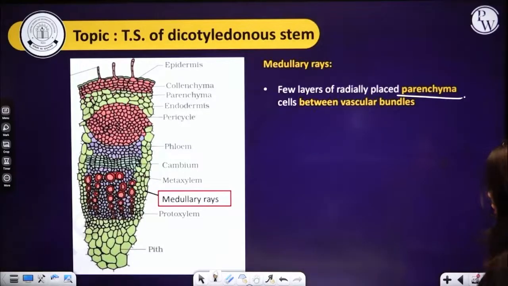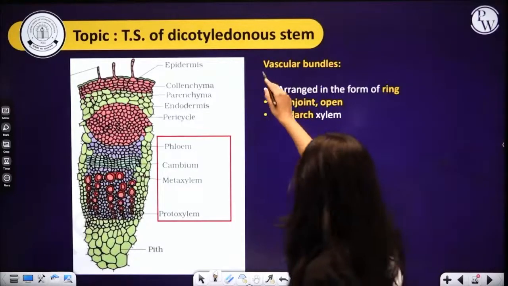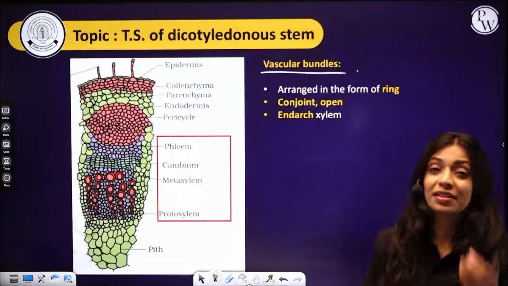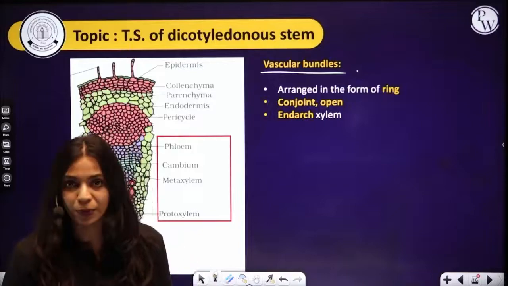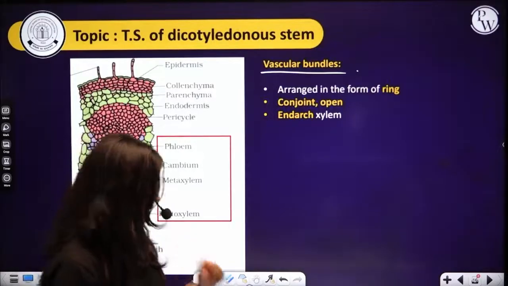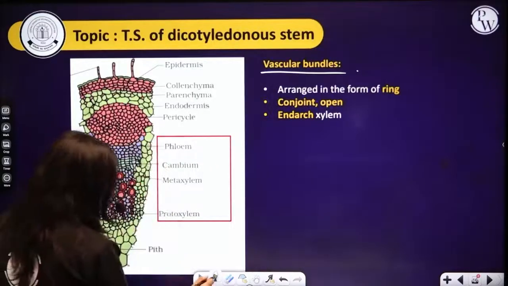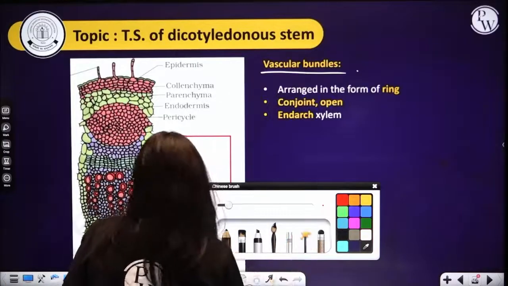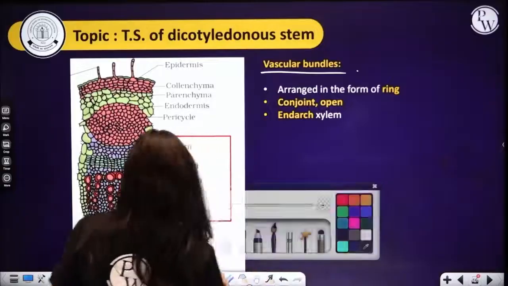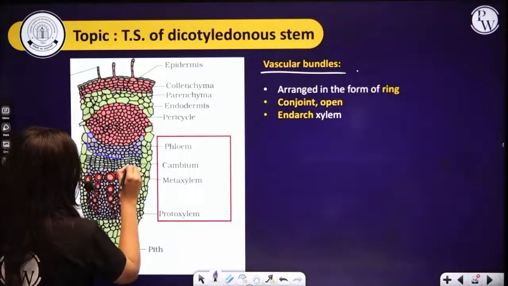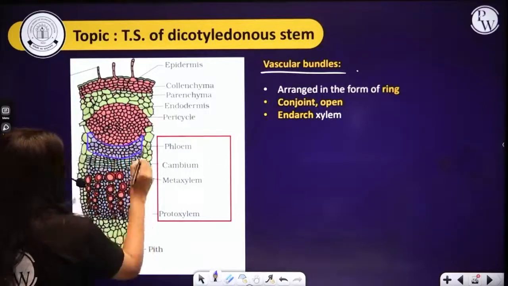Now let's move on and talk about vascular bundles. Vascular bundles in dicot stem are conjoint and open, which means xylem and phloem are found in the same bundle. Let me use dark blue here. So this region, you have the phloem.